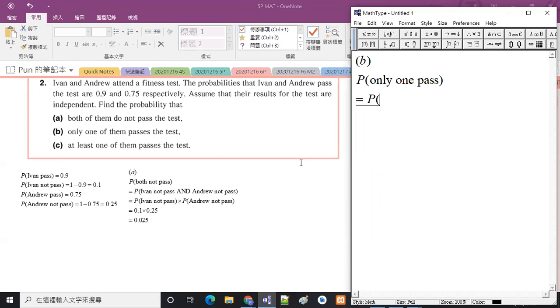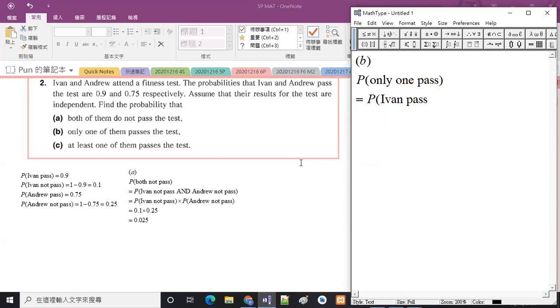If you want to write down the cases, the first case is Ivan pass. But the question emphasized that there is only one pass, which means that in the case of Ivan pass, Andrew must not get a pass. Because if Andrew also gets a pass, then there will be two passes, right?